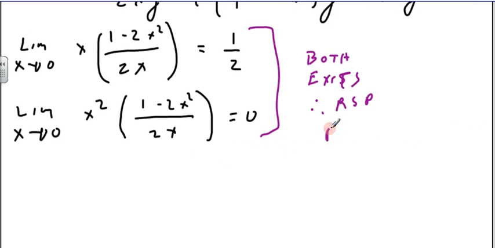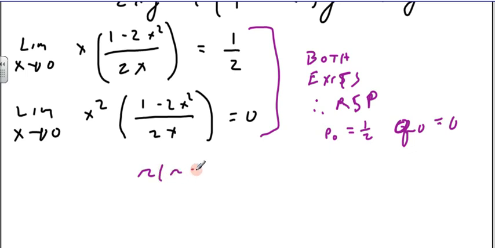And my P naught at x is at 0. Regular singular point. My P naught is 1/2. My Q naught is at 0. I'm looking at r minus 1 plus 1/2 r plus 0 is equal to 0.